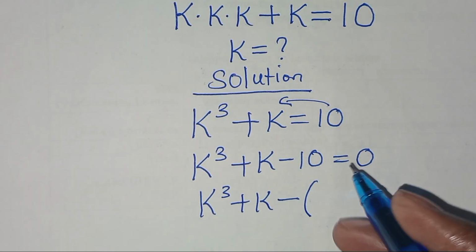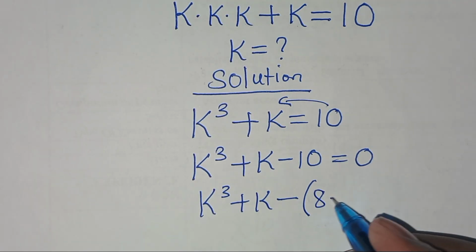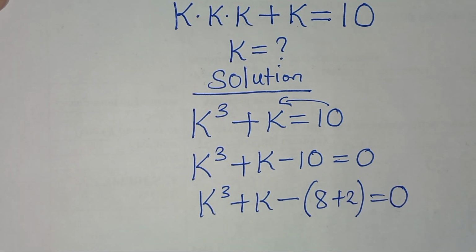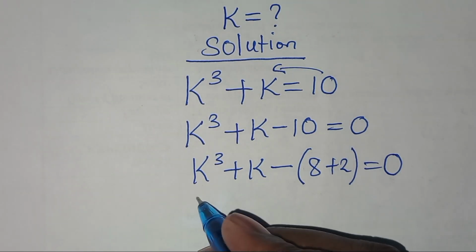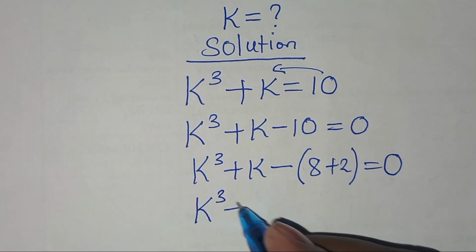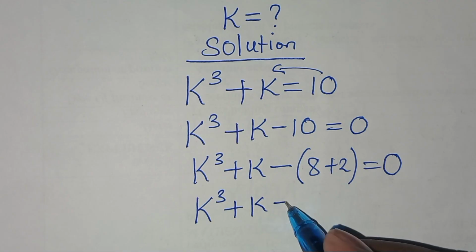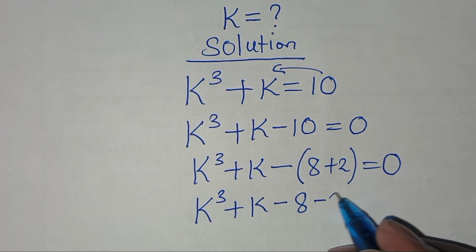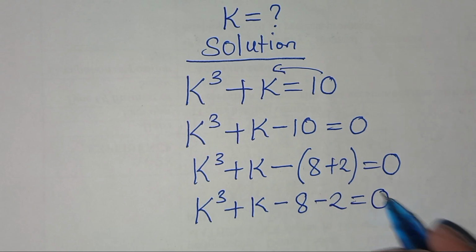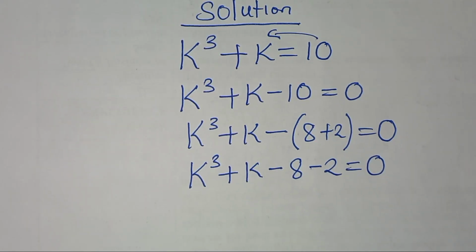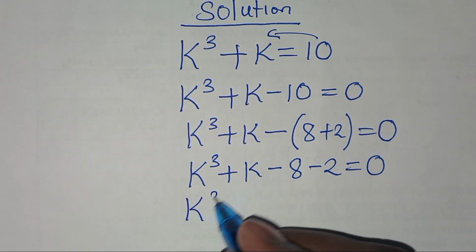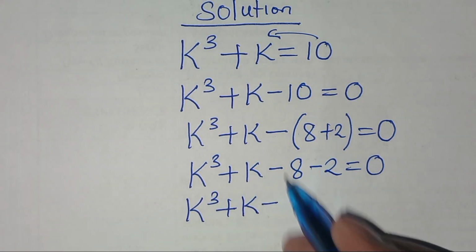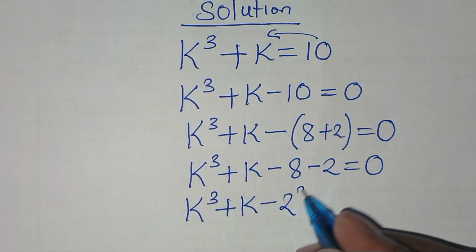We can express 10 as 8 plus 2, so we have k to power 3 plus k, subtract 8, subtract 2, equal to 0. Now we can express 8 as 2 to power 3.